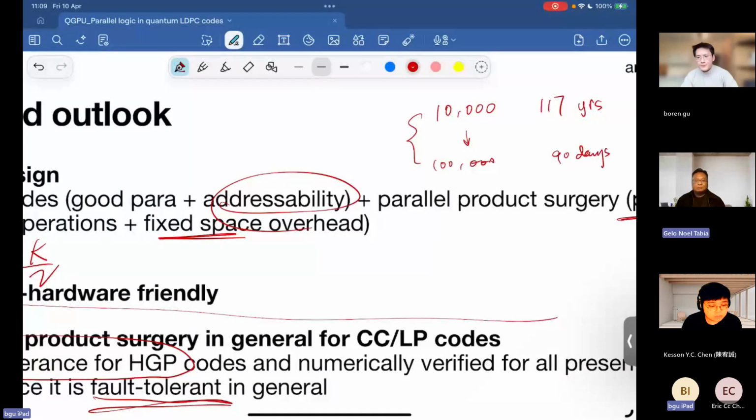So a code less than 1,000 physical qubits will be some sweet spot for both logical operations and good finite-size cases. Because there's an observation that those good asymptotic codes might not have good finite cases, at least for hundreds of physical qubits. At least people haven't found any yet. So this might be a trade-off.